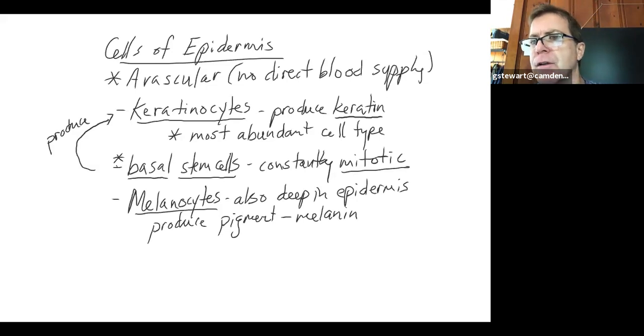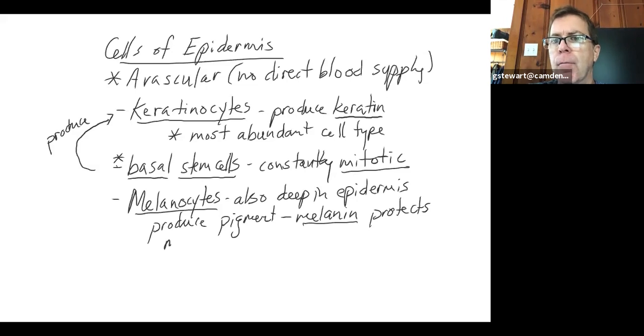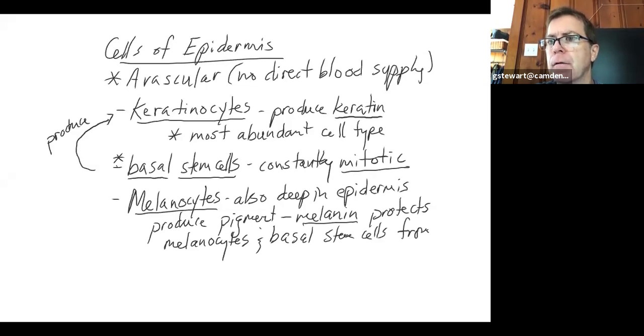Melanin is just a dark pigment that contributes to our skin color, but it also protects. Really what it is, melanin protects melanocytes and basal stem cells from UV light, ultraviolet light from the sun.